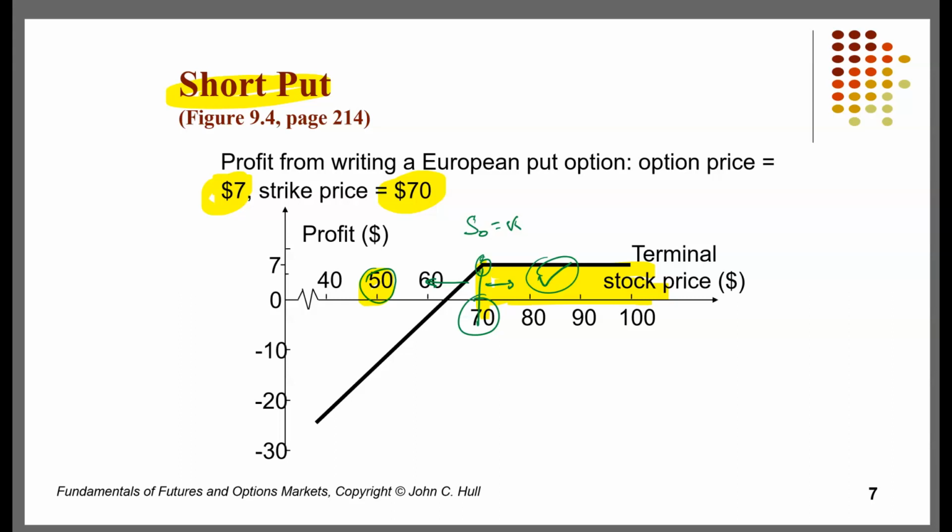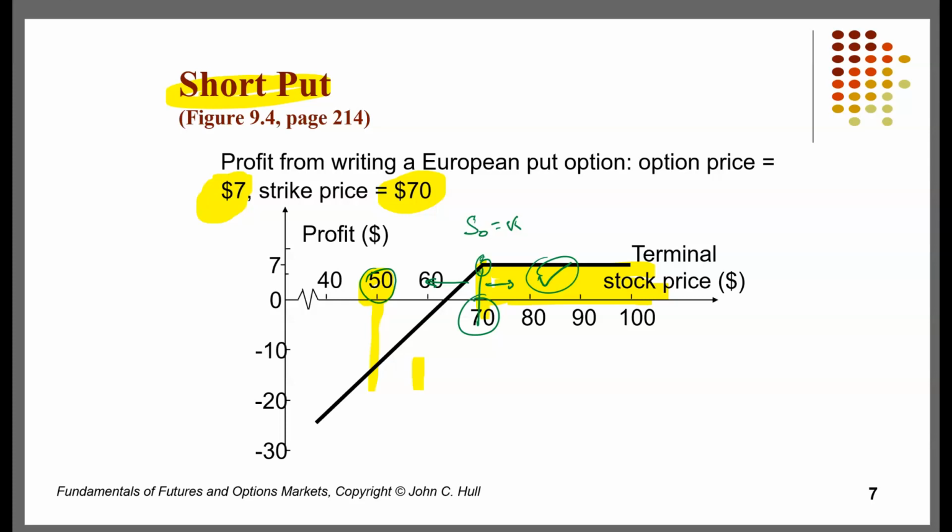And so if the long put exercises the option, in this case, the short put stands to lose $20. But because they've received $7 as a premium early on, the $7 is going to offset the $20 loss for a net loss of $13. The same scenario that we had, right?